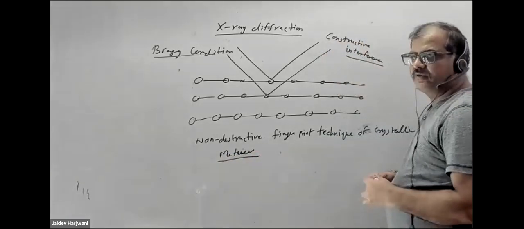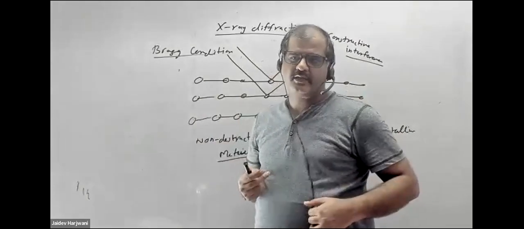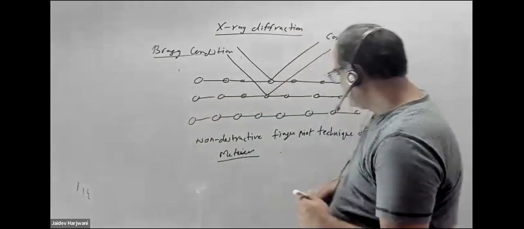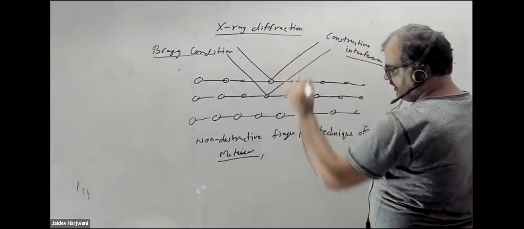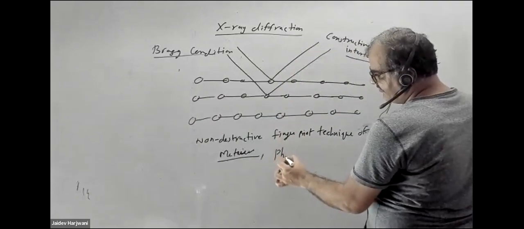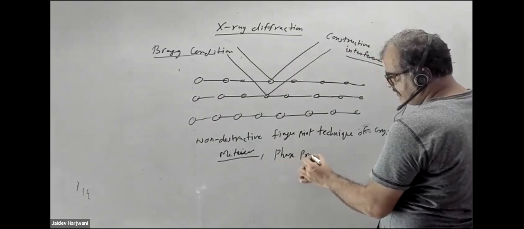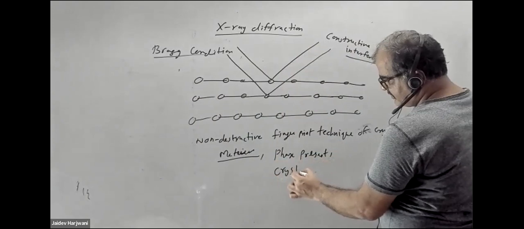So if you shine X-rays on any crystalline material, you will get a unique diffraction pattern. That means using this X-ray diffraction technique, you can identify the phase present in your material, and you can also calculate the crystal structure.